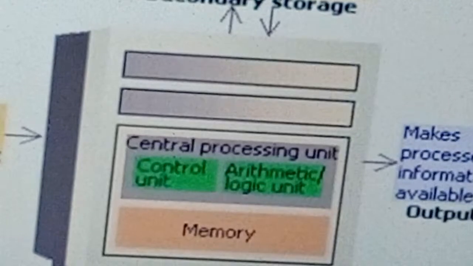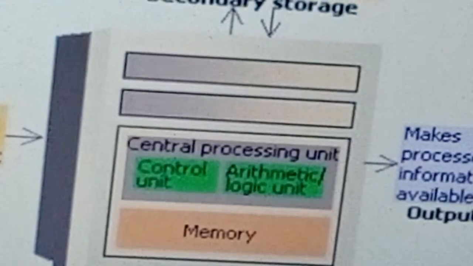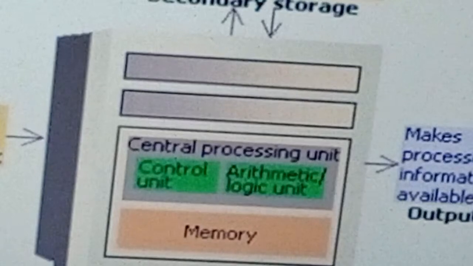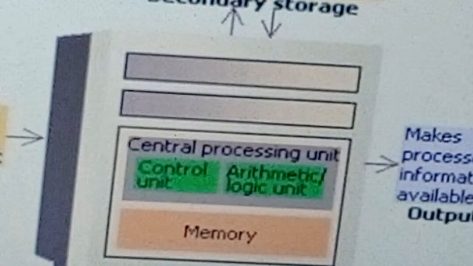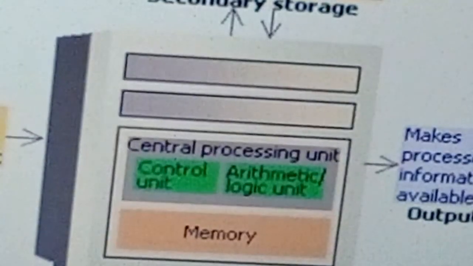When we store data in primary memory, the computer can access the information very fast.